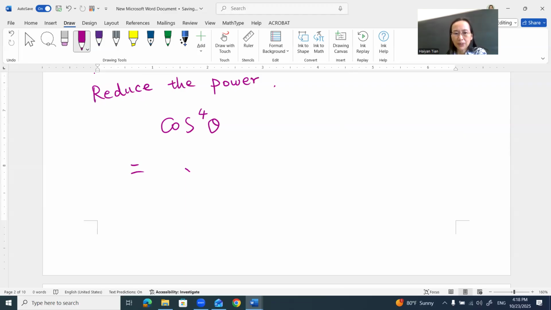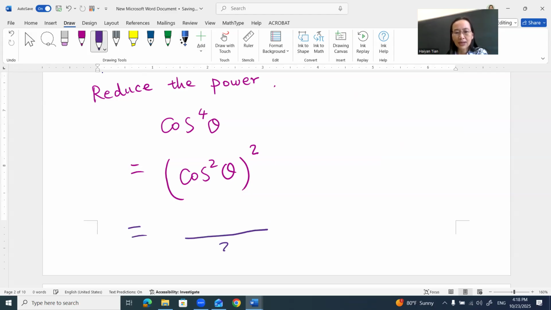So we know by our experience, we can write it as a square to a square. So now inside this part, we can use the power reducing formula because cosine square theta can be written as half of 1 plus cosine 2 theta.